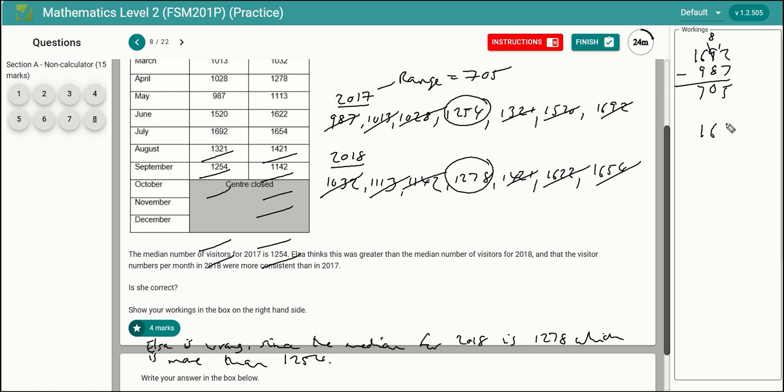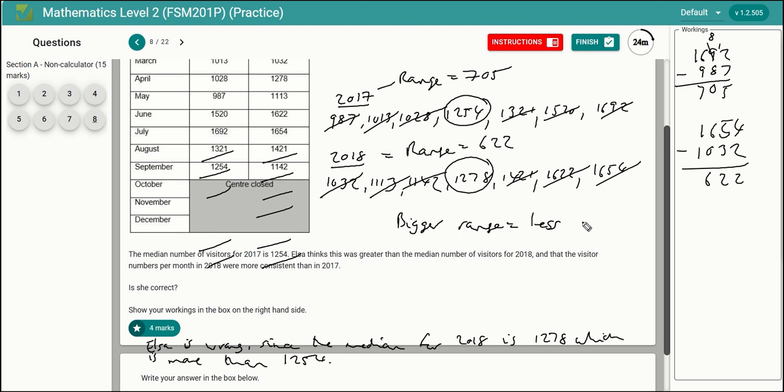2018 is going to be 1654, the greatest value, take away the smallest, which is 1032. 4 take 2 is 2, 5 take 3 is 2, 6 take 0 is 0, 1 take 1 is 0. So the range here is 622. So a bigger range equals less consistency, and a smaller range equals more consistency.